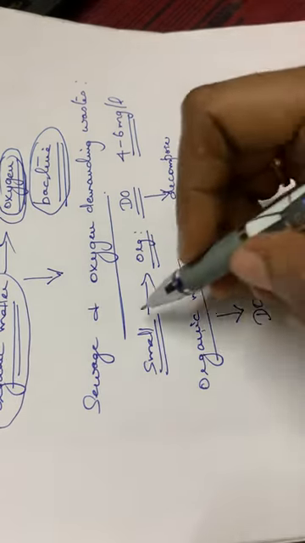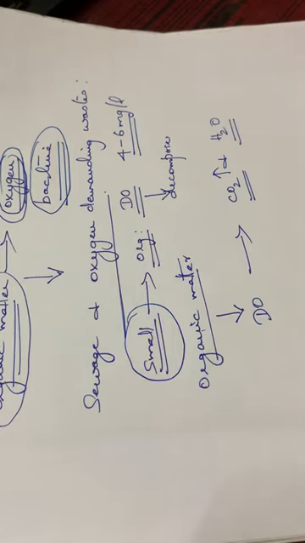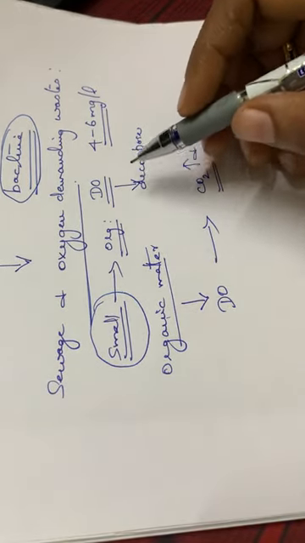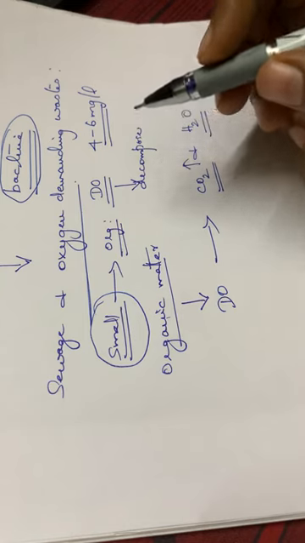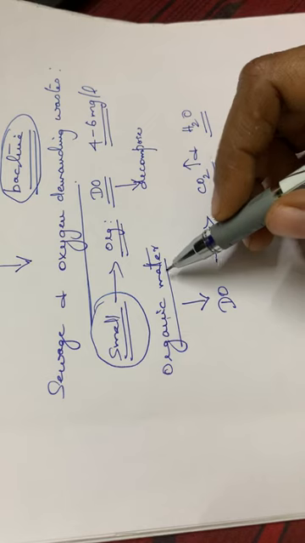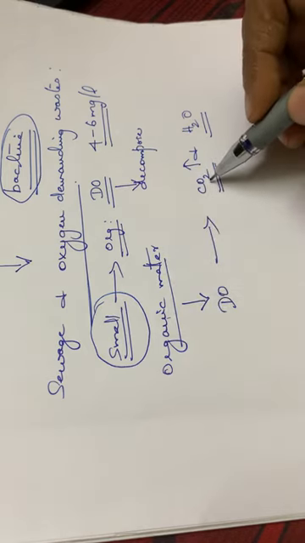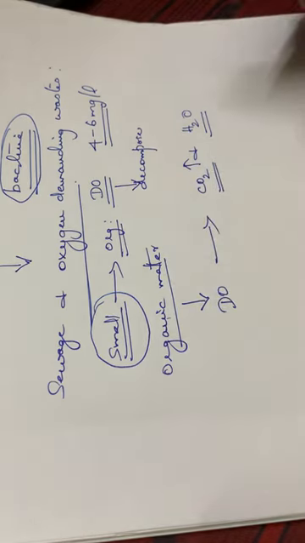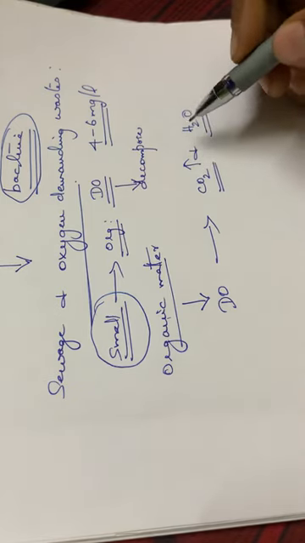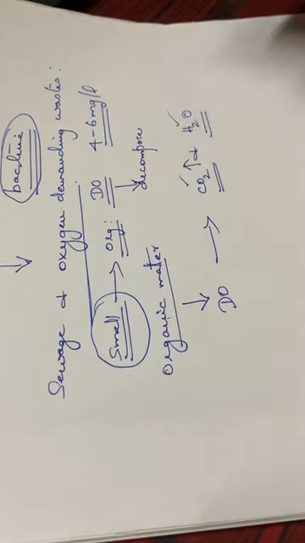If the organic matter present in the water is small and sufficient dissolved oxygen is present, the bacteria can decompose it to carbon dioxide and water. Carbon dioxide can't remain in water, it escapes since it is a gas, so the process keeps going on.